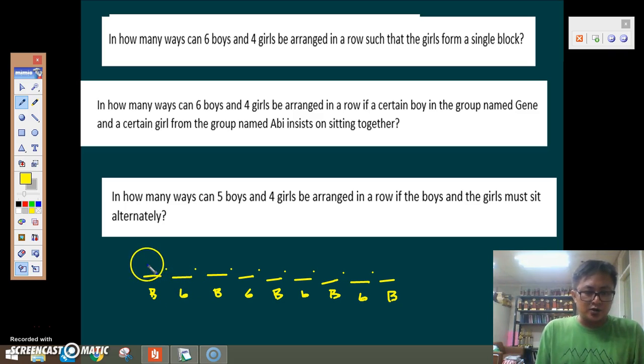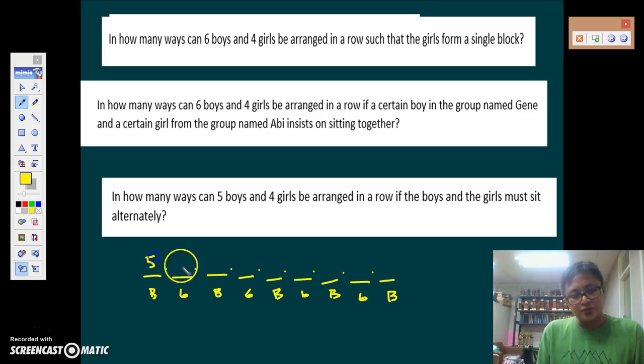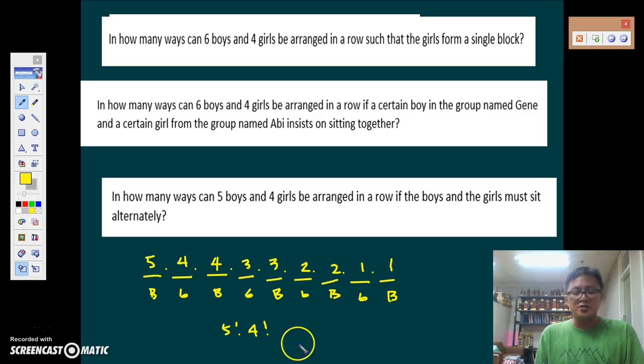So how many ways can a boy sit here? So there are 5. And then of course, how many girls can sit here? 4. And then remember, a boy is already seated here, so there are only 4 to choose from here. Girl should be 3, and then boy 4. 2 already seated in these 2 spaces, so 3. So notice that it's simply like this: 2, and then 1, and then 1, or simply 5 factorial times 4 factorial. That's it.